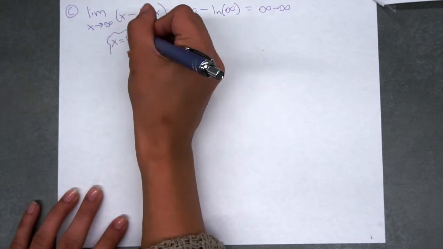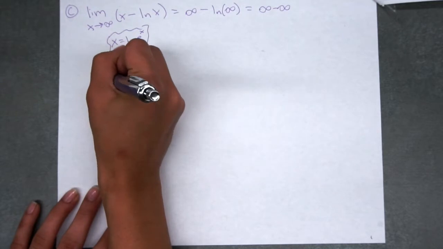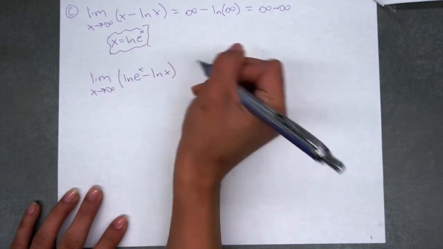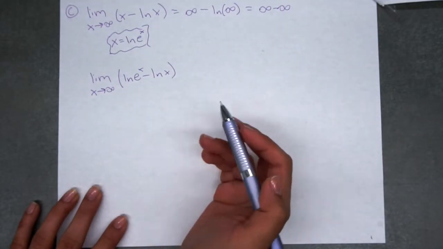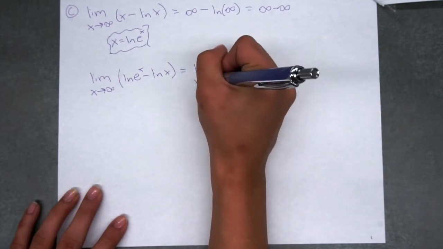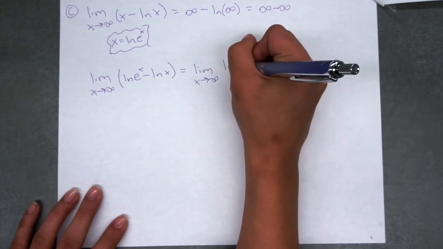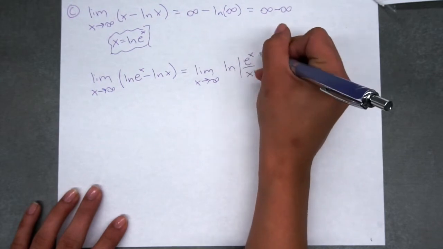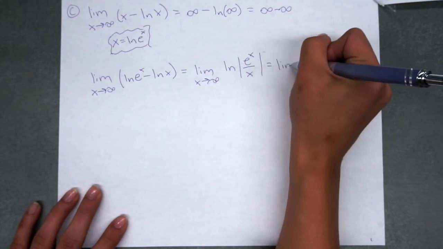So I'm going to substitute this in for x. So using log rules, we can combine this as one fraction since we're subtracting two natural logs. And it would become this. And to take the limit, we would rewrite it like this.